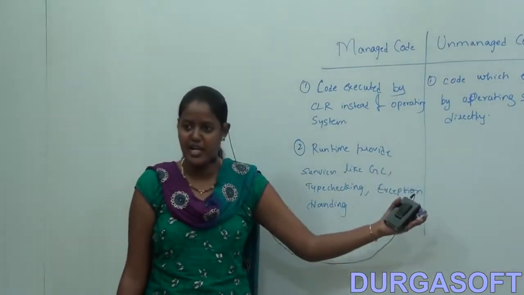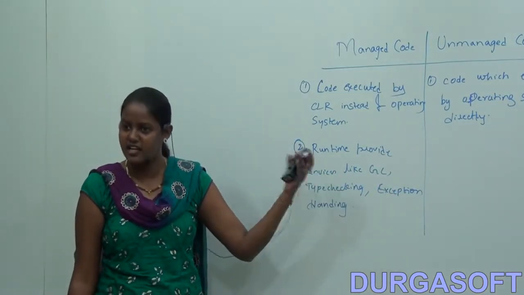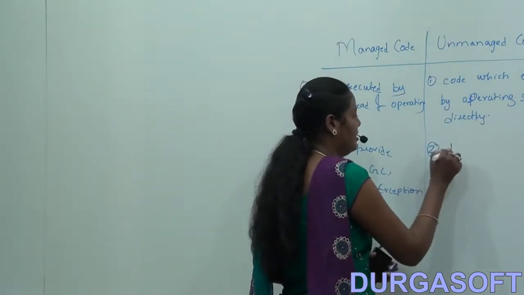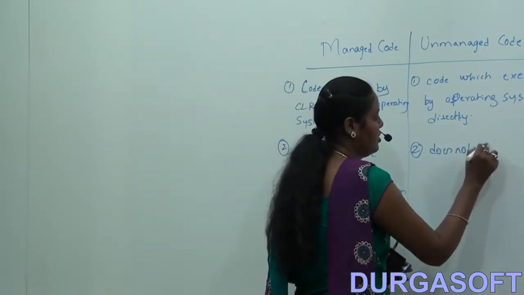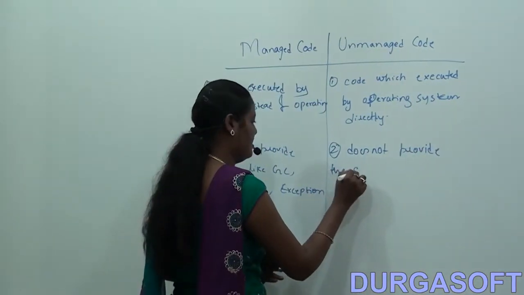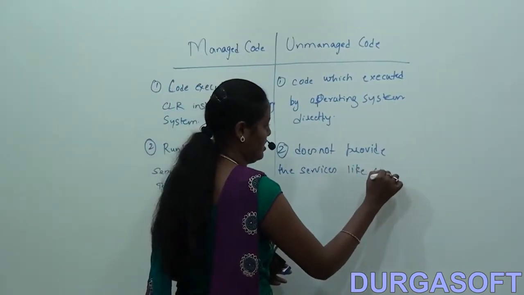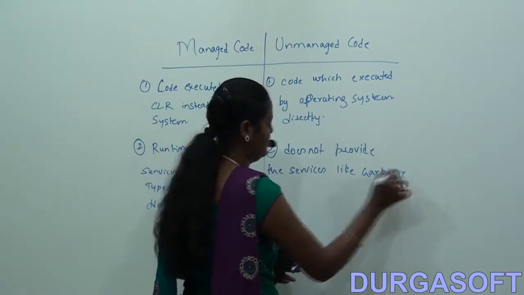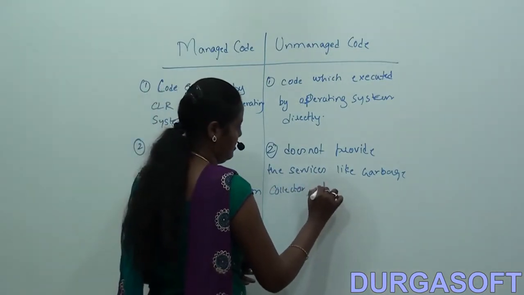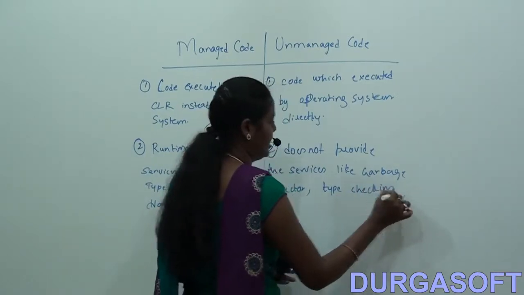But coming to the unmanaged code, it is not running under the CLR, it is running under the operating system. Here it does not provide services like garbage collector, type checking.